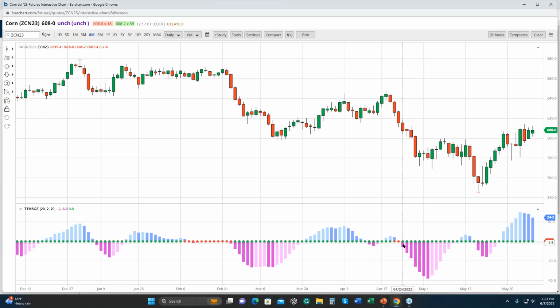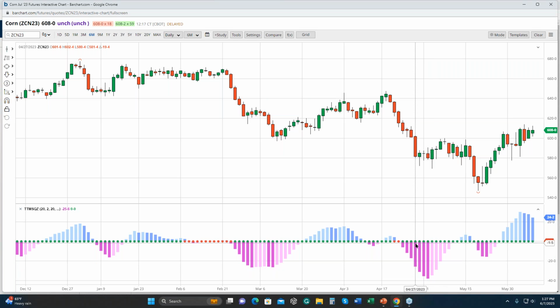It tells us we're going to take a short, and this happened around, looks like April 24th, and the trade continued on until it didn't give you an exit until May 4th. So a short from April 24th to May 4th. This is the daily time frame.